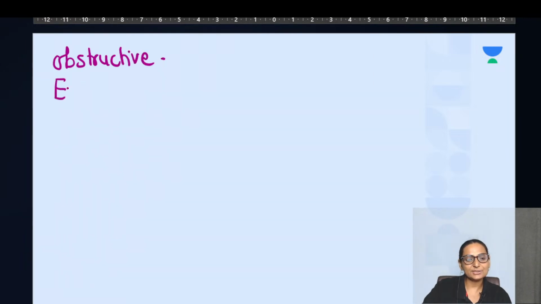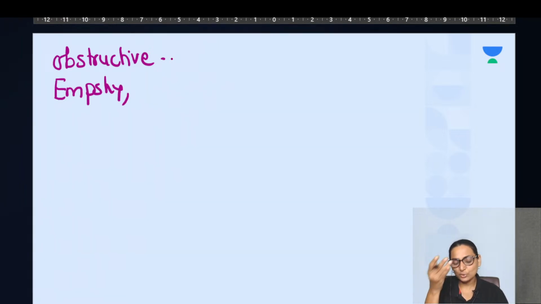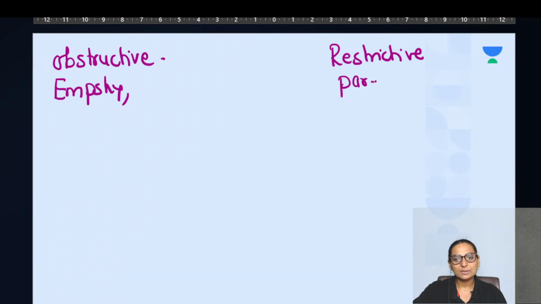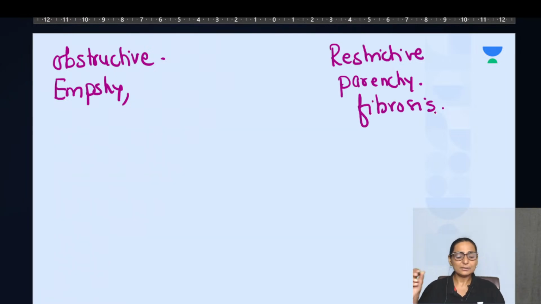Obstructive lung disease, like your emphysema, the COPD patients, or your bronchitis patient, and restrictive lung disease, like pneumonias, consolidation, parenchymal disorders, fibrosis.